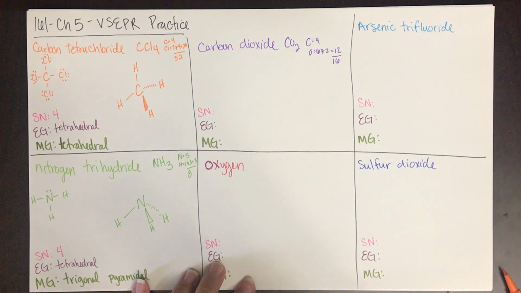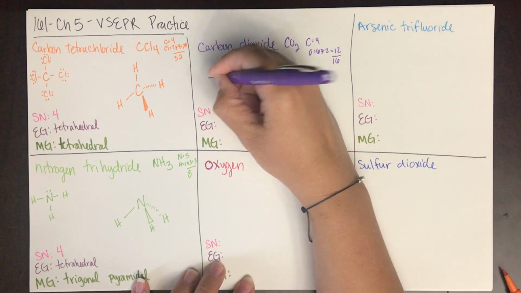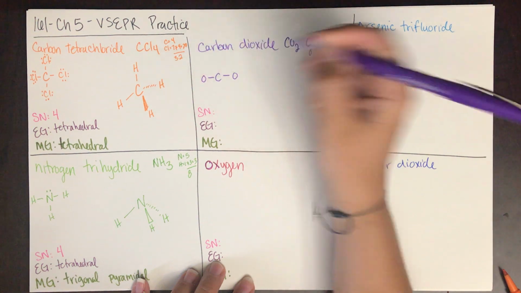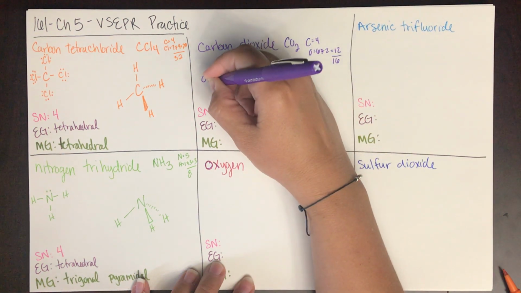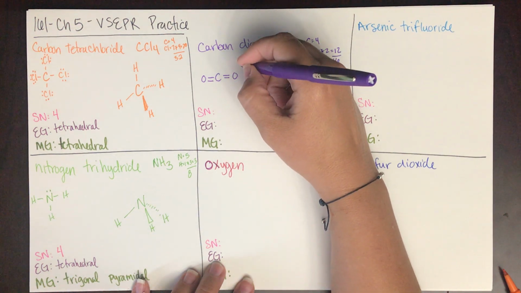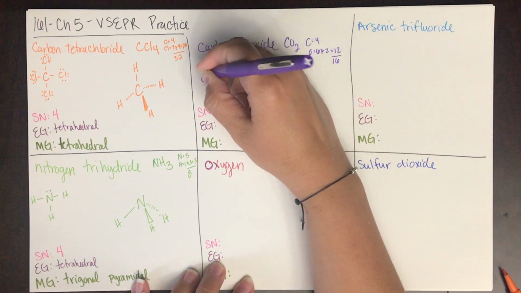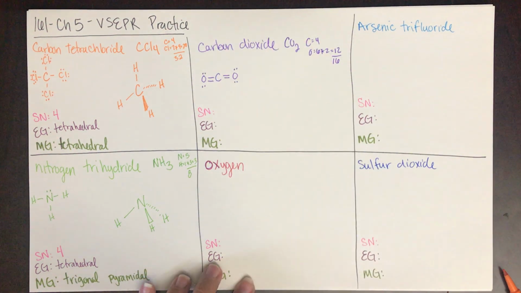I have 16 electrons to distribute. We found out that 16 electrons was not enough to satisfy all the octets with single bonds, so we had to come back and do double bonds. So this was the correct Lewis structure for carbon dioxide.